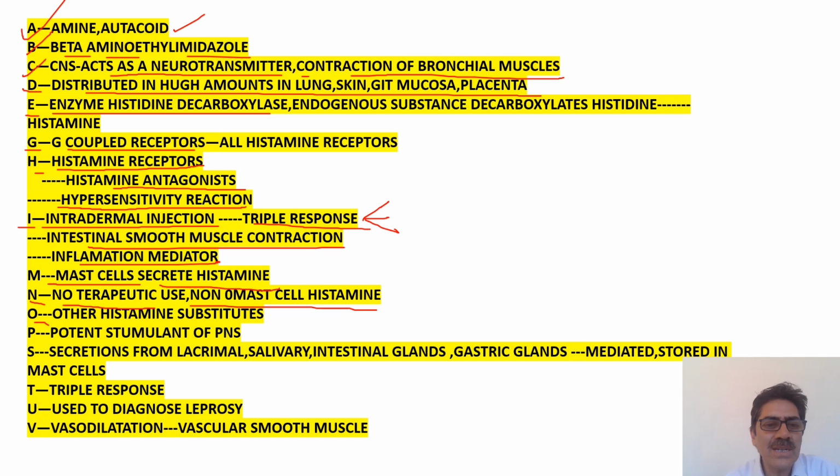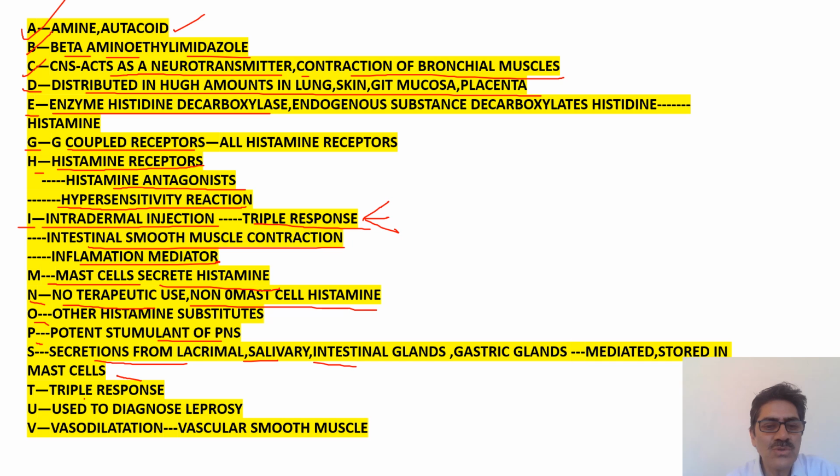O, there are other histamine substitutes also at present. P, it is a potent stimulant of the peripheral nervous system. S, secretions from lacrimal glands, salivary glands, intestinal glands, gastric glands are mediated by histamine, and it is stored within the mast cells.